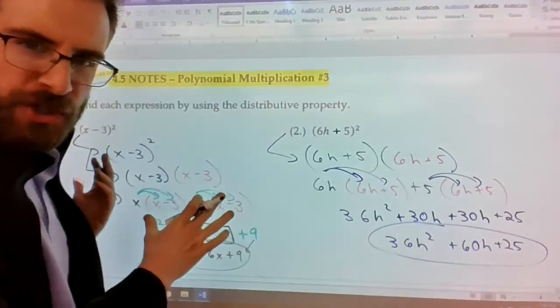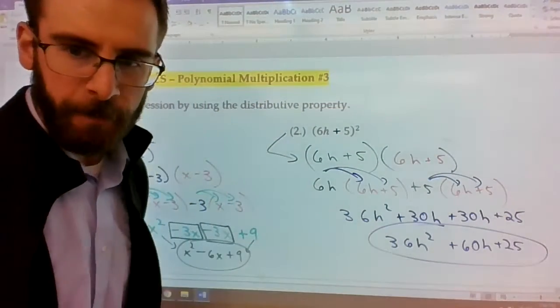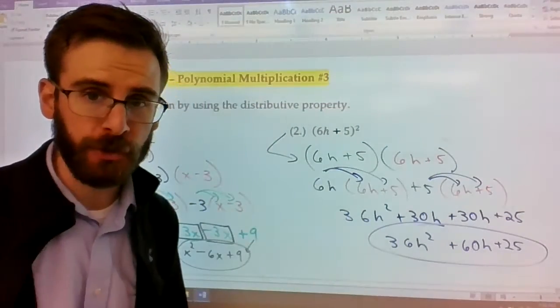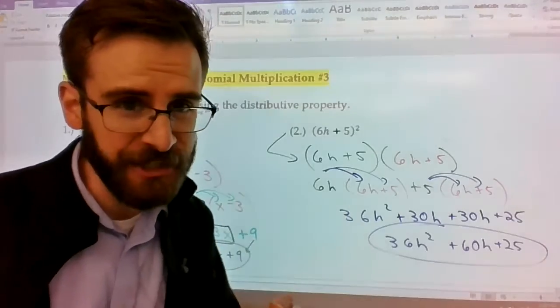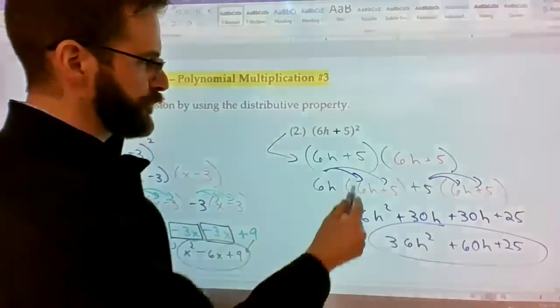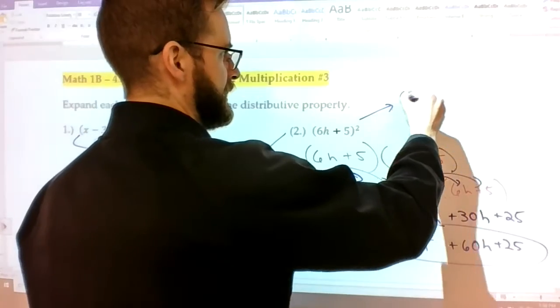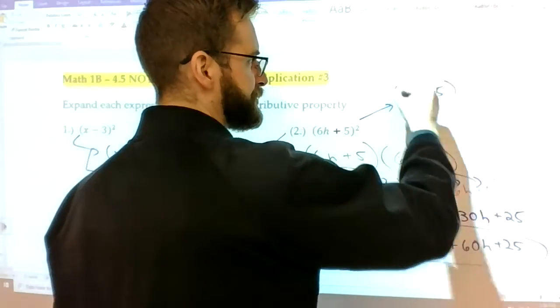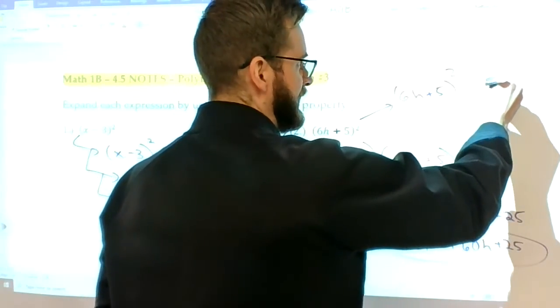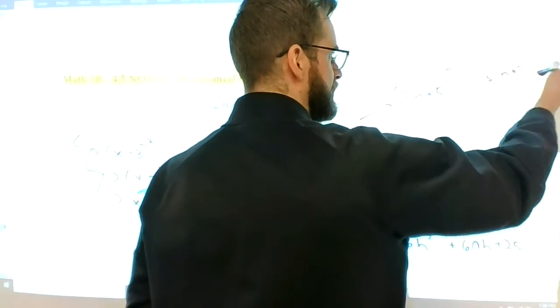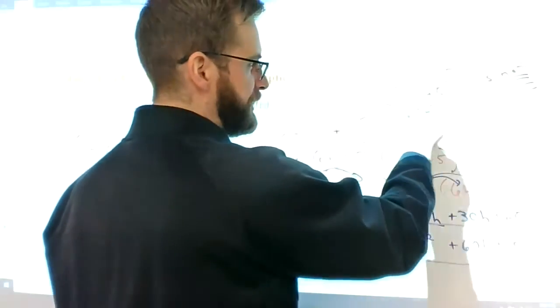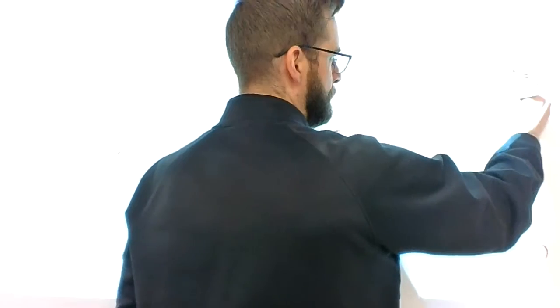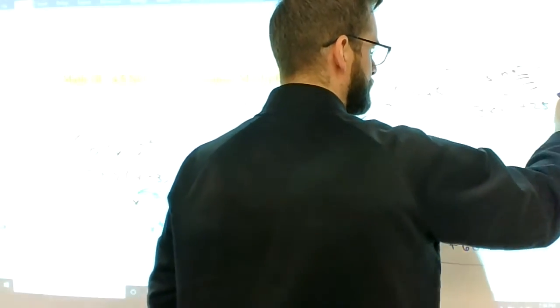So not only does this show us how we can expand the polynomials, but it should also show you that you cannot do this shortcut. 6h plus 5 squared is not 36h squared plus 25.